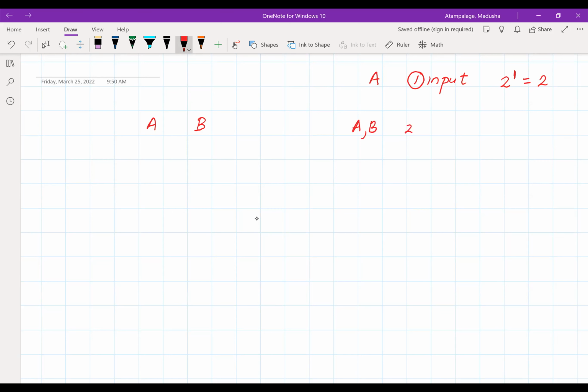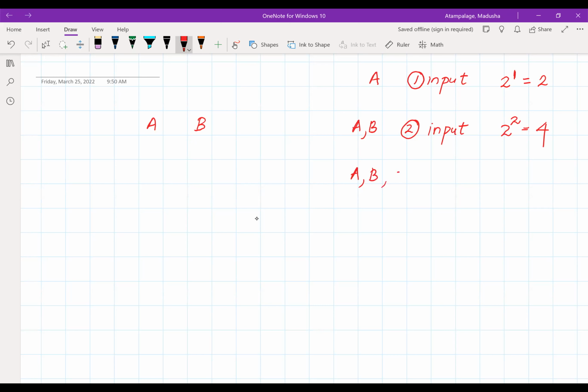Now here we have 2 inputs. For this case, we take 2 to the power the number of inputs. That will be equal to the number of input combinations, and here we get 4. You can apply this method to find the number of input combinations.